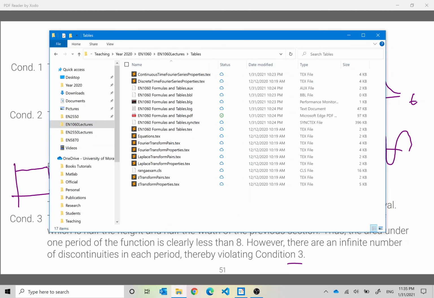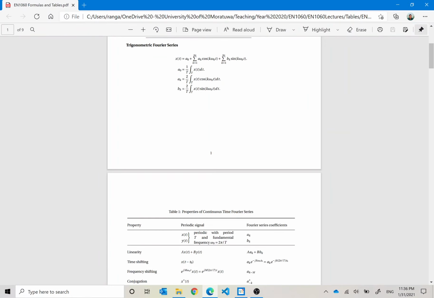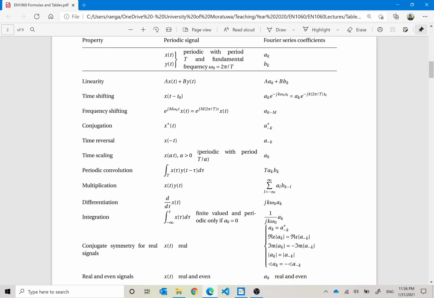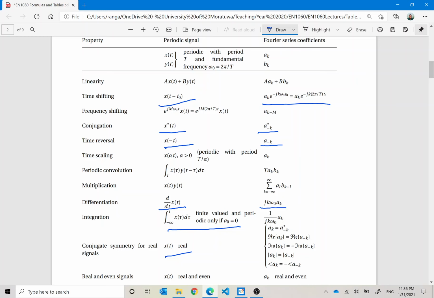So you can see these tables over here. I have listed all of them: the time shifting property, conjugation, time reversal, the differentiation property, the integration property, conjugate symmetry, and so on. In an exam situation, I will give you these sheets, so you don't have to memorize this.